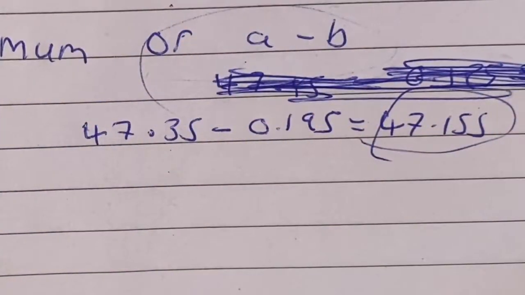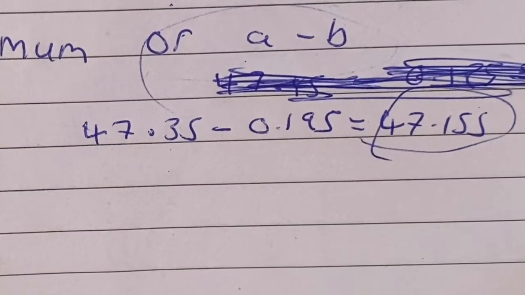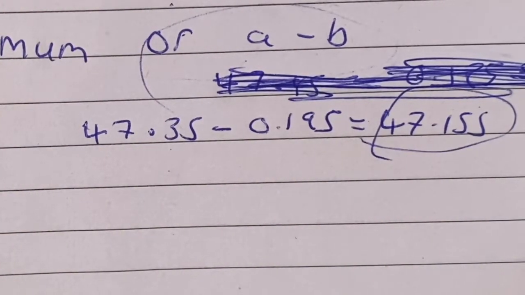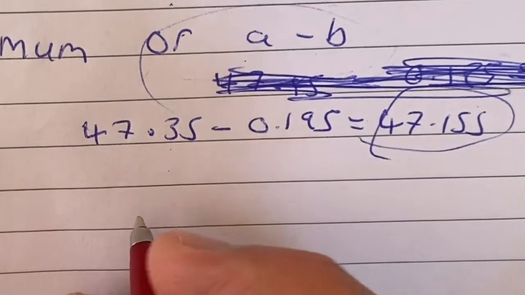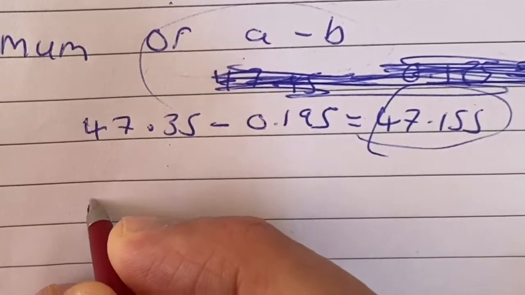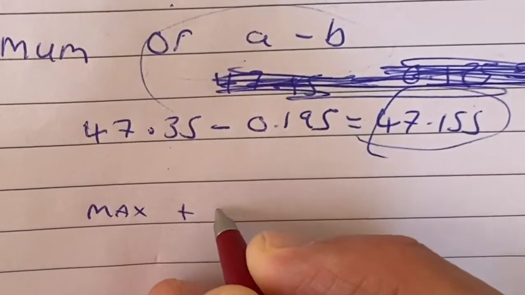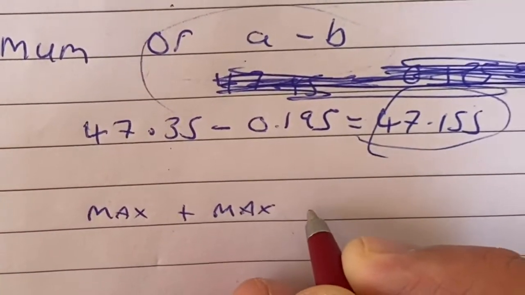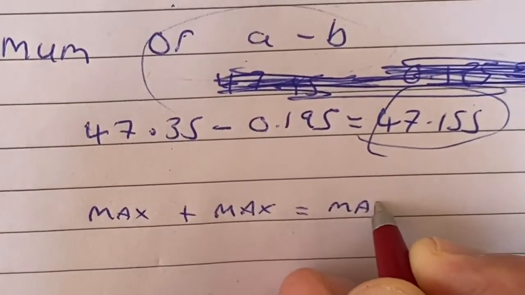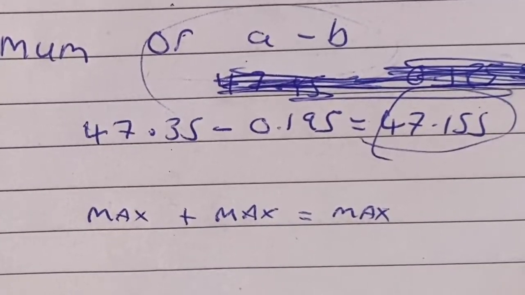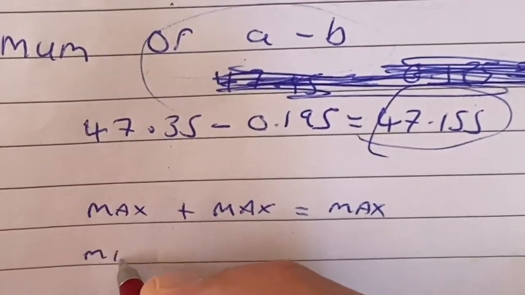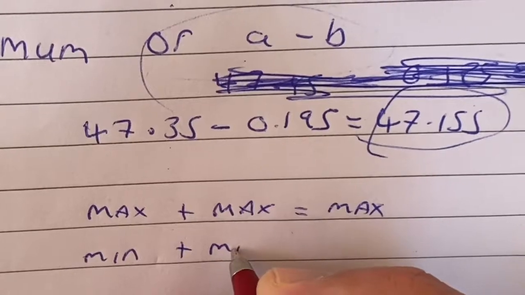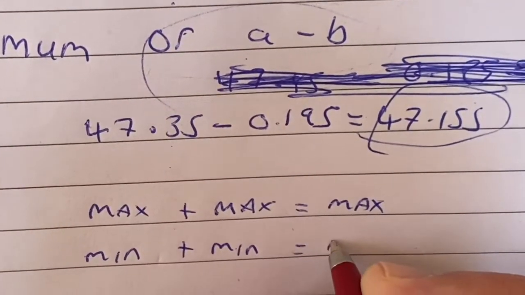I have to, throughout this, continue to find my upper and lower bounds and use those to find either the biggest number I can make or the smallest number I can make. Now, if I'm adding them together and I want the biggest, I'm going to add the biggest two together, which will get the maximum amount. If I want the smallest and I'm adding them together, I'd do the minimum add the minimum.